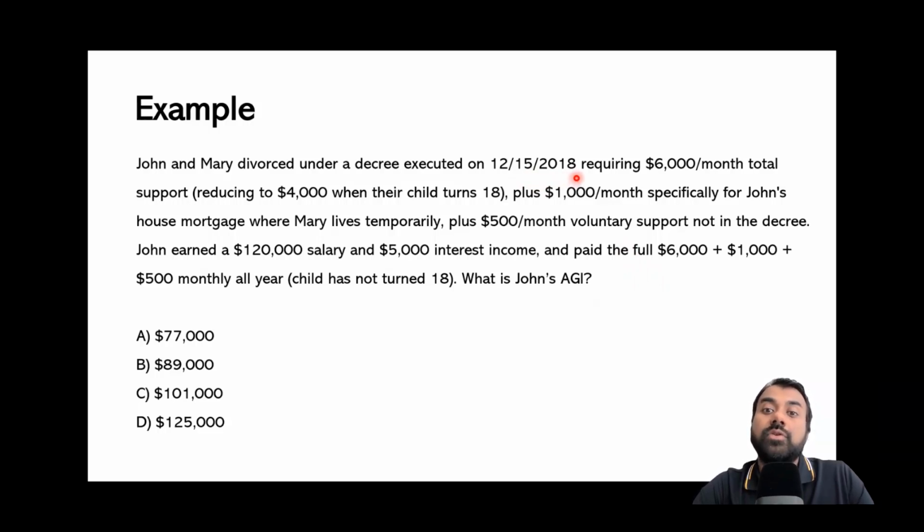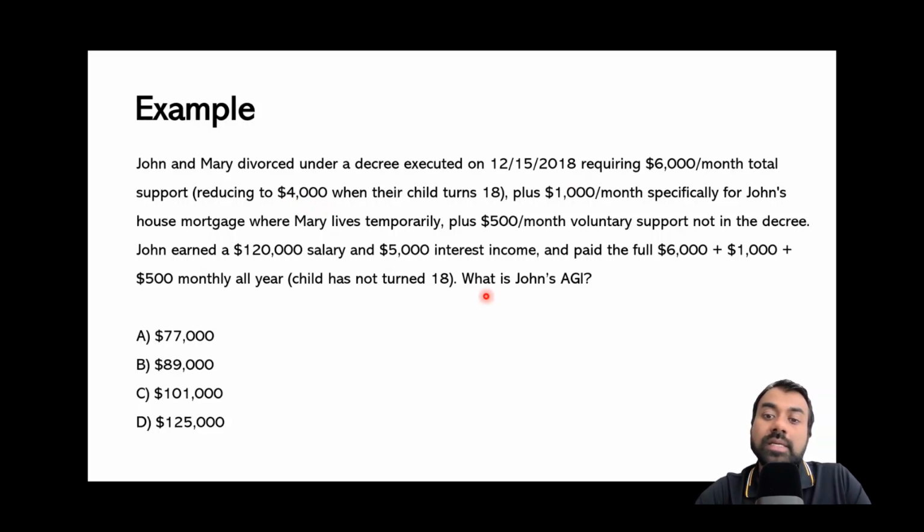That means to the payer, the alimony payments is going to be above the line deduction, and to the recipient, these alimony payments are going to be taxable income. And another thing is that the alimony here is only $4,000.